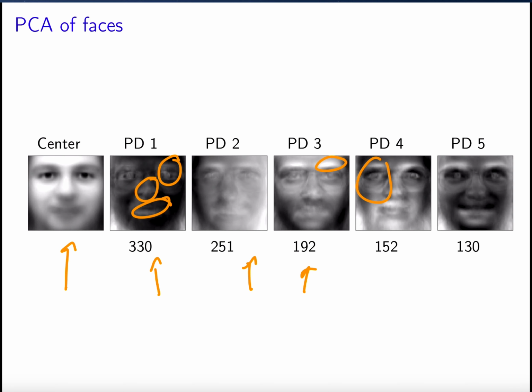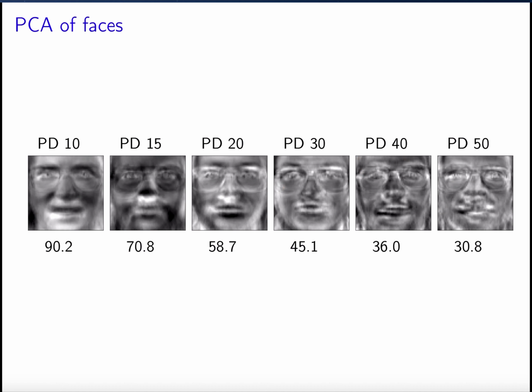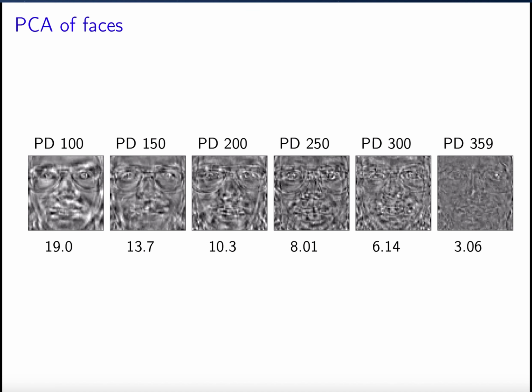So these are the directions in which we see more change within the subjects in this 4096 dimensional space. And as we go to higher and higher principal directions, we're seeing less and less variation. In particular, this is the direction of minimal variation, which essentially contains just high frequency features.